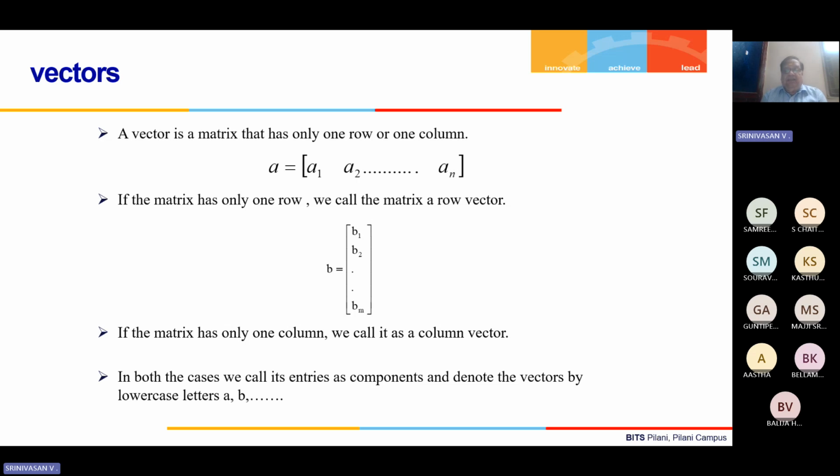Vectors. Already in the last session, you were exposed to what a vector is. Whenever you have a row matrix or a column matrix, it will be referred to as a row vector or a column vector. Usually matrices are represented by uppercase alphabets, while the row vector or column vector can also be denoted by usually lowercase alphabets, but with boldness.